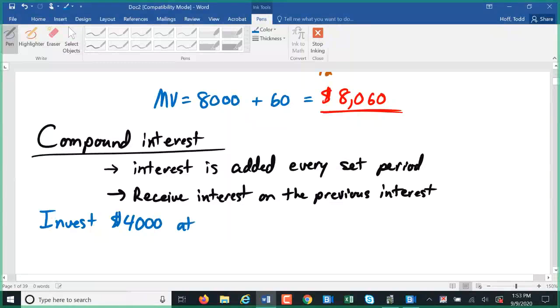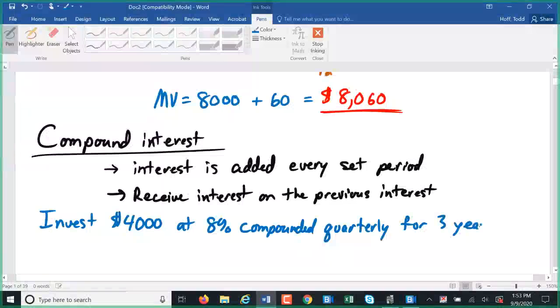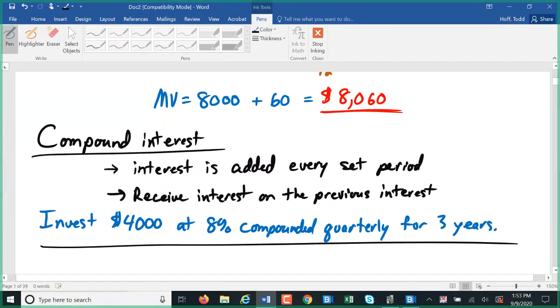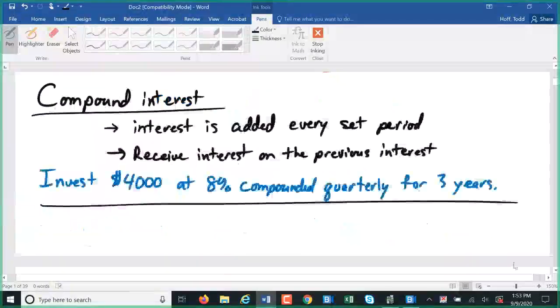Well, let's go back to that $4,000 at 8%. But this time, instead of simple interest, we're going to say compounded quarterly, for 3 years. Well, to calculate that, let's set up a little table here.